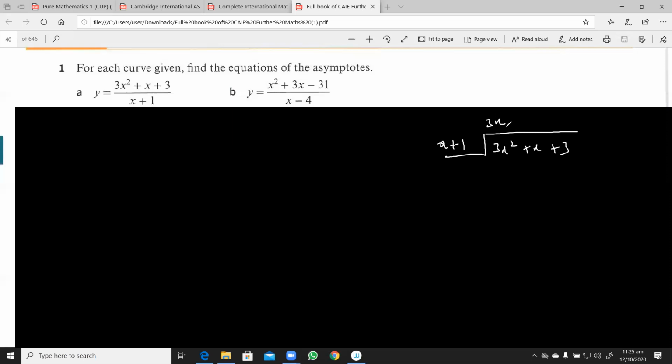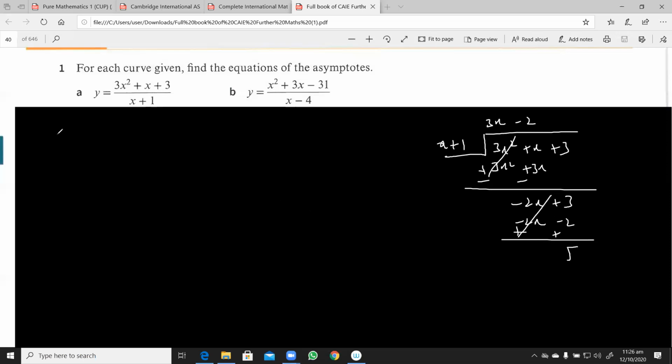So this is going to be 3x squared plus 3x. This cancels. This is minus 2x plus 3. So we have minus 2, so it's minus 2x plus minus 2. So this is going to be 5. So this y is now 3x minus 2 plus 5 over x plus 1.